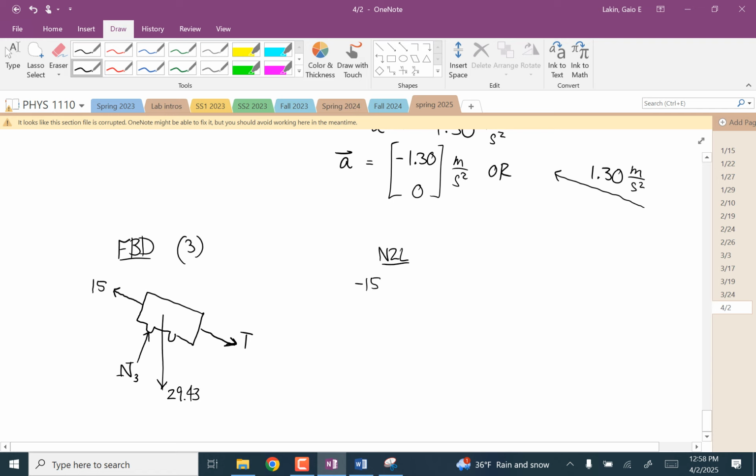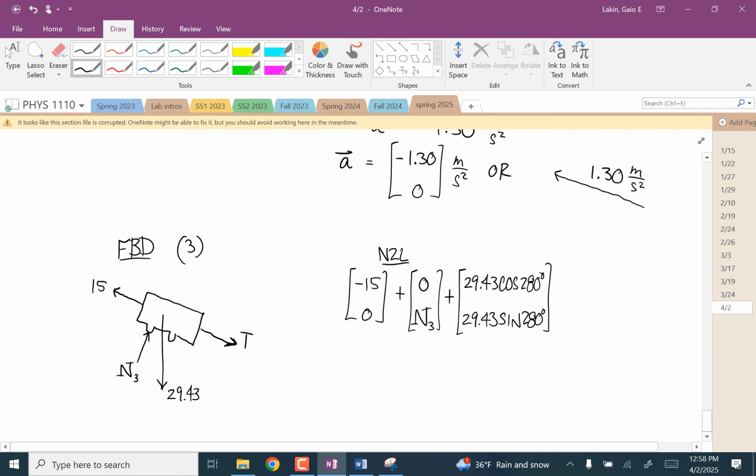And that says negative 15, 0, plus 0 and 3, plus 29.43 times the cosine of 280, 29.43 times the sine of 280, plus T, 0 is equal to the mass times the acceleration.